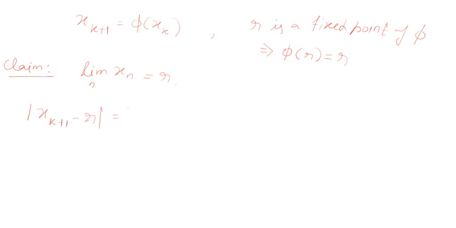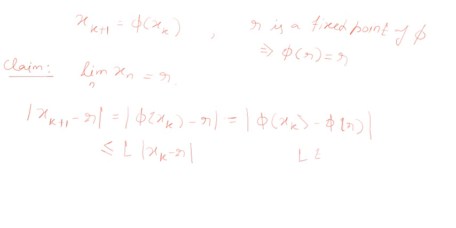That is equal to mod of phi of x k minus R. If you further use the fact that R is a fixed point of phi, this is phi of x k minus phi of R. Just now I explained that phi is a contractive mapping, meaning there exists a constant L such that this is less than or equal to L times mod of x k minus R, for any k greater than or equal to 0, where L belongs to [0,1).